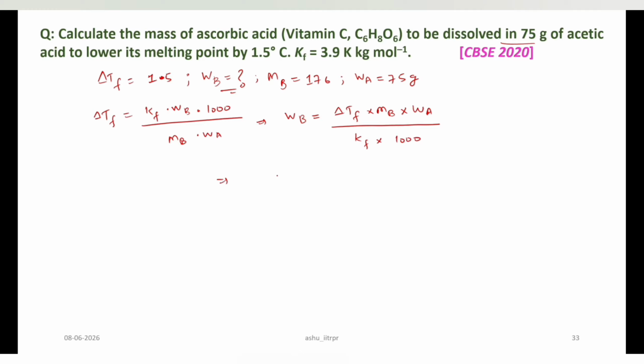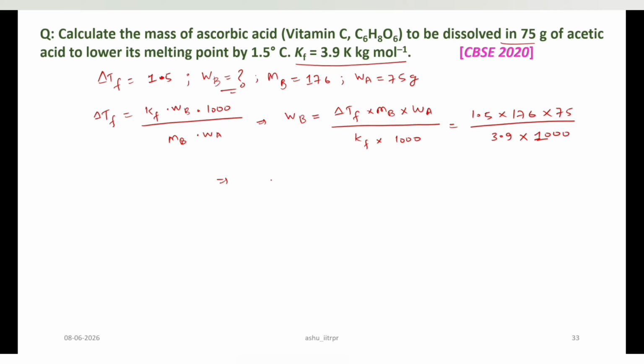Put in these values: delta TF is 1.5, MB is 176, WA is 75, divided by KF, which is given as 3.9 Kelvin kilogram per mole, its unit, which is very important, into 1000.